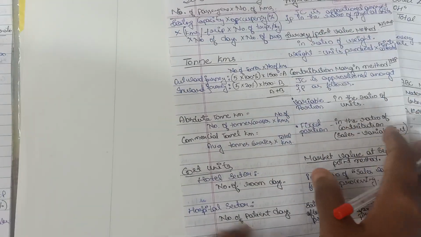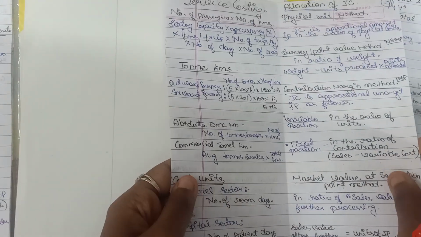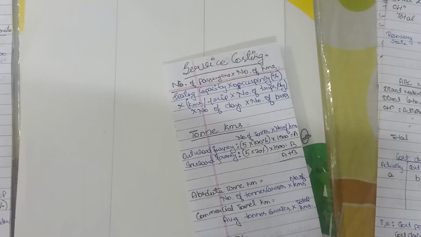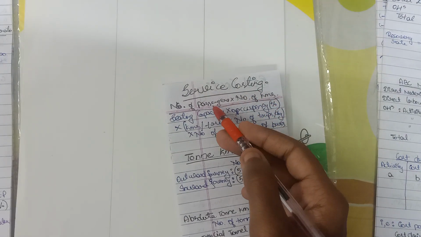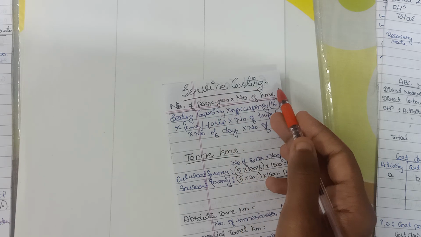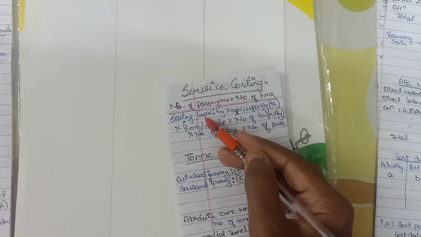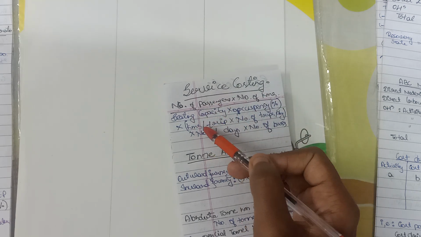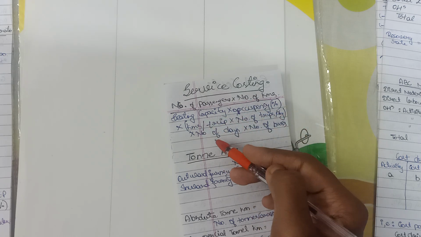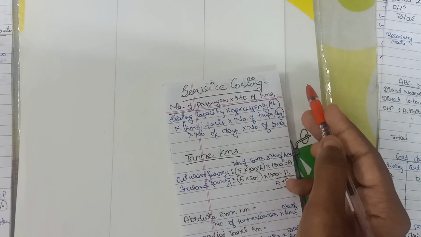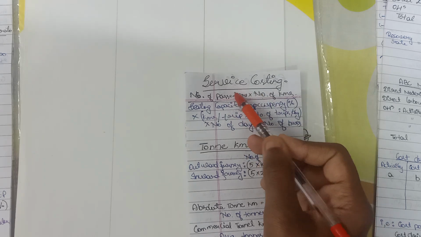Coming to the next chapter, that is our favorite chapter, service costing. Here, while we are reading the question, we have to mark it or roughly write it down, then it will be very easy to solve. This is my very favorite chapter.